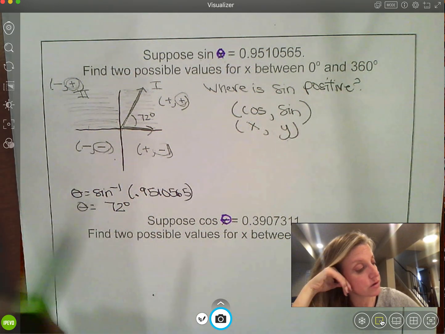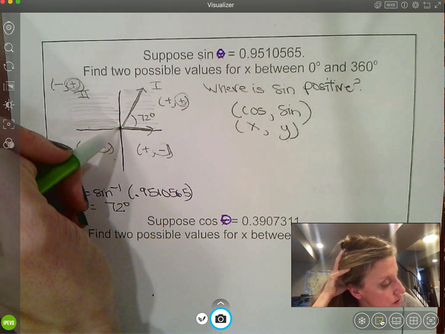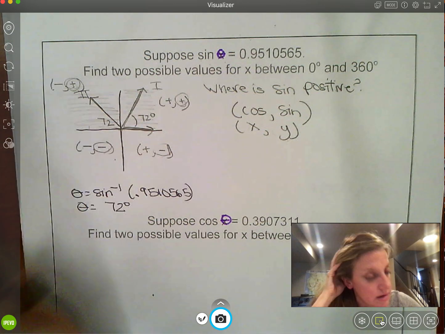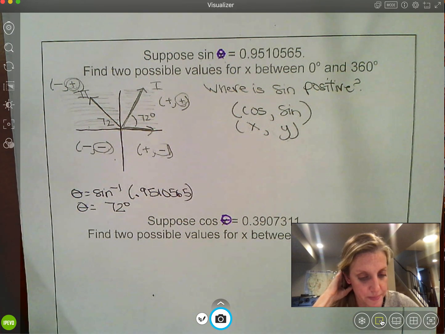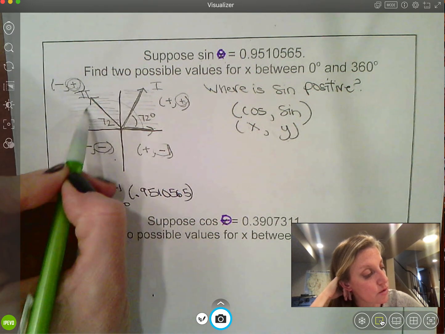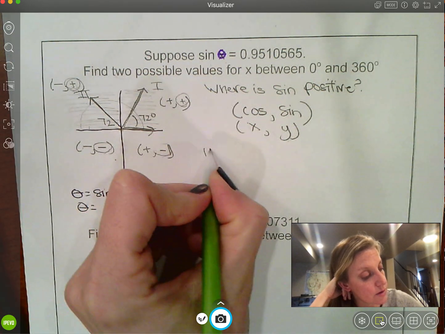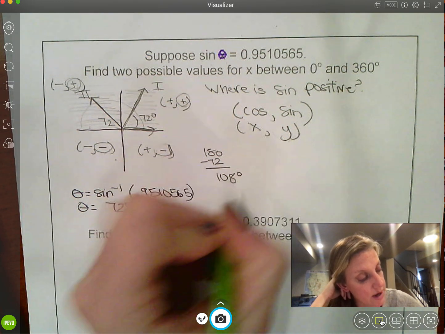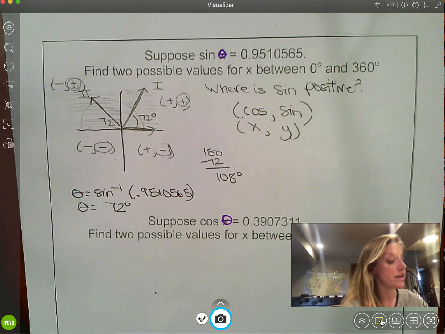Well, use what you know about reference angles. Draw in a 72-degree reference angle in quadrant 2. Let's think about where that is. We're not going a full 180, we're going 180 minus 72, to 108 degrees. So there's the second angle.